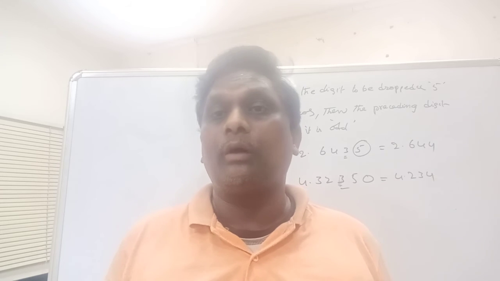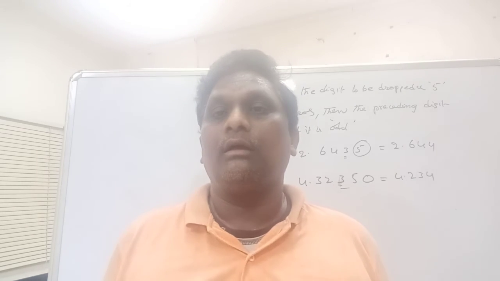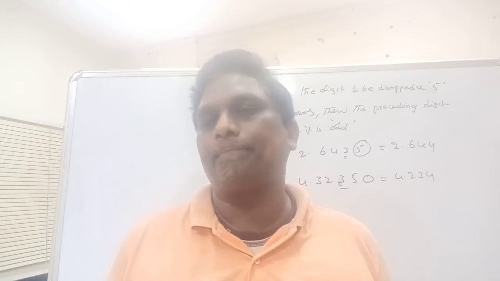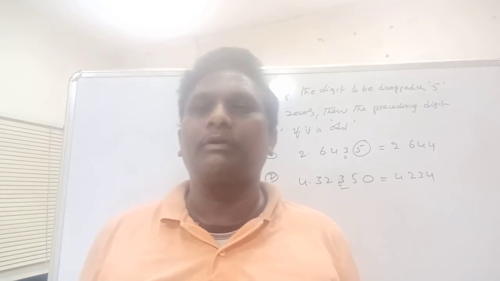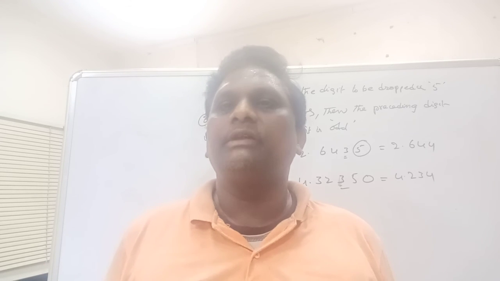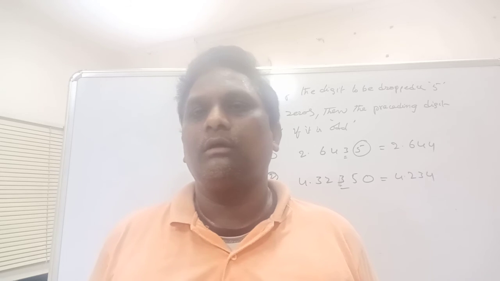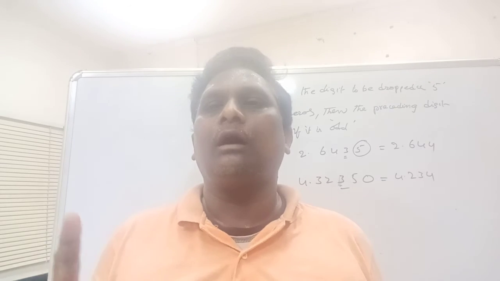If the digit to be dropped is 5 or followed by zeros, then the preceding digit is left unchanged if it is even. That is rule number 4. And rule number 5. If the digit to be dropped is 5 or followed by zeros, then the preceding digit is raised by 1 if it is odd.